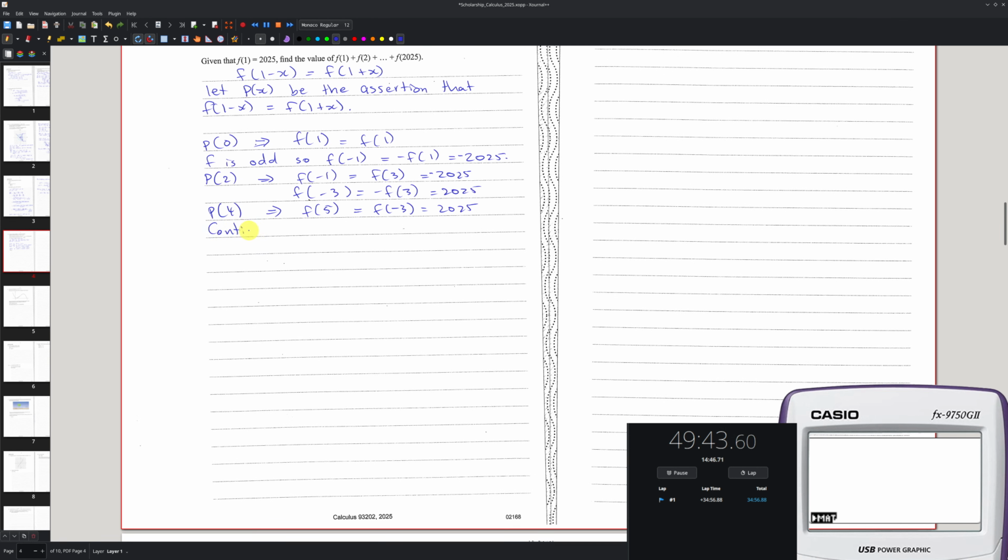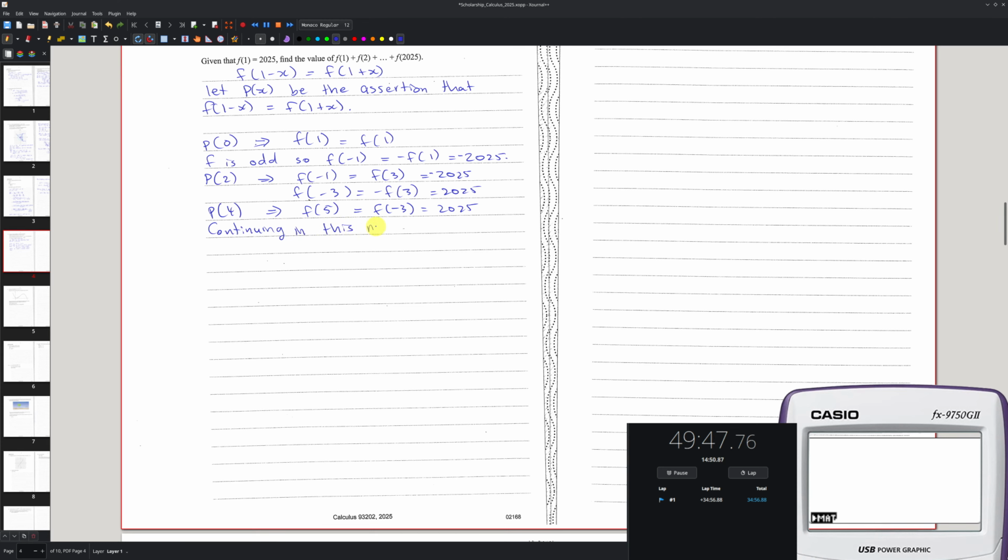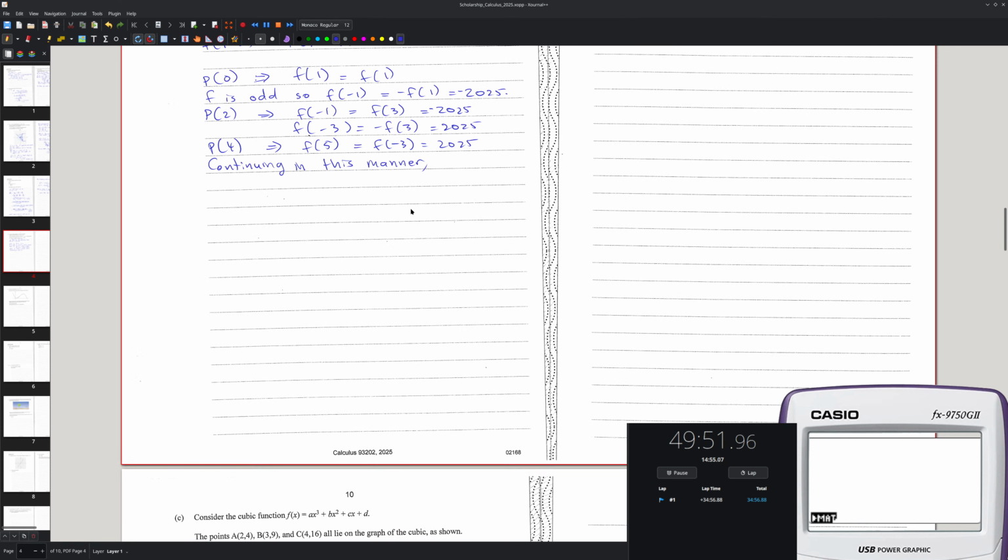So I'm just going to say continuing in this manner, f of 7 equals f of 11 equals dot dot dot.